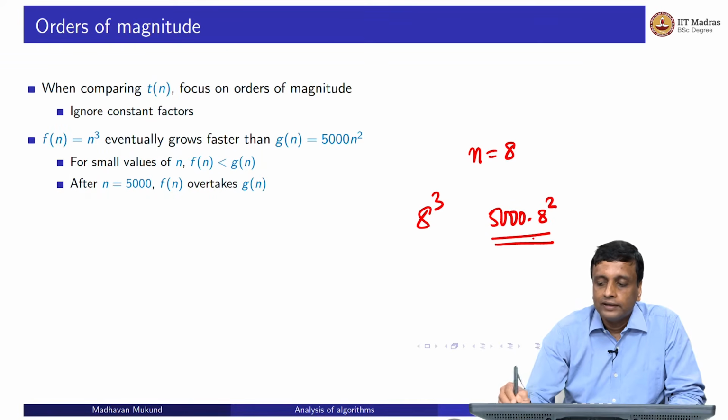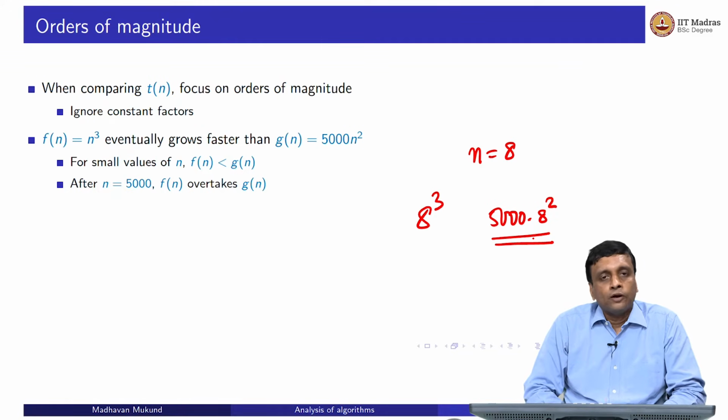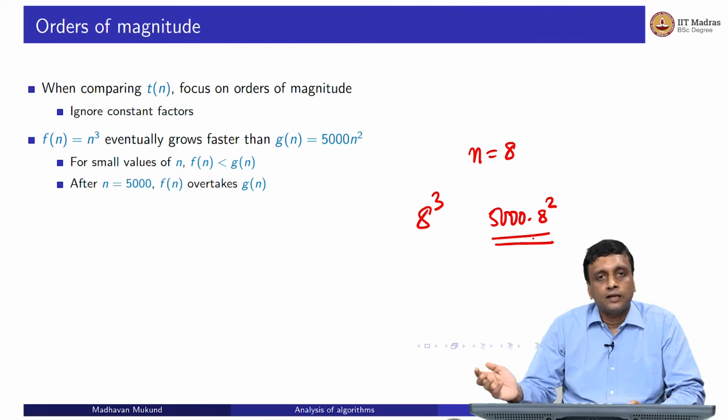So it is clear that for a small value of n, 5000 n squared is not as good as n cubed. But we are not really interested in inputs of size 8 and 10 and so on. We really want to know what happens because our algorithm is going to run on arbitrarily large inputs.